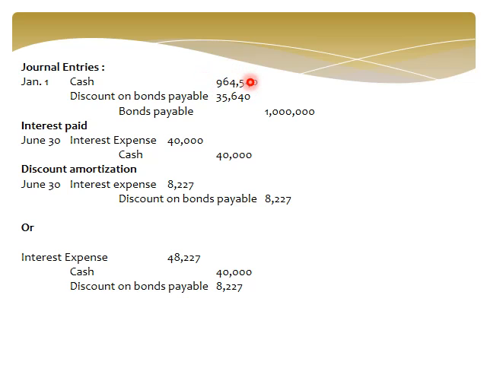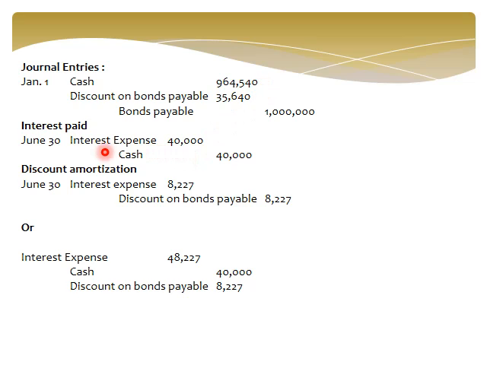The answer should be 964,540. Kasi ang presentation nga sa financial position is face amount minus the discount on bonds payable or plus the premium on bonds payable. So, 1 million minus 35,640, ang magre-reflect na carrying amount ni bonds payable on January 1 is 964,540 equal to the issue price.